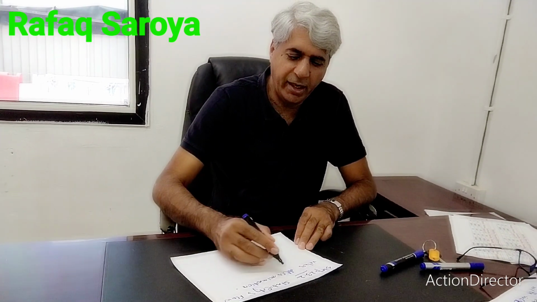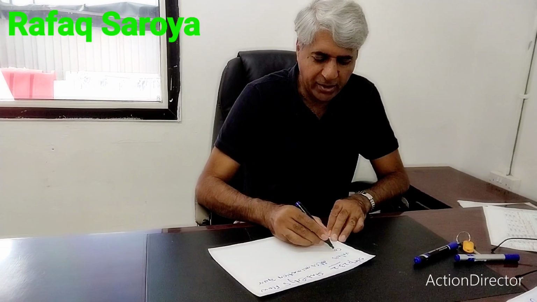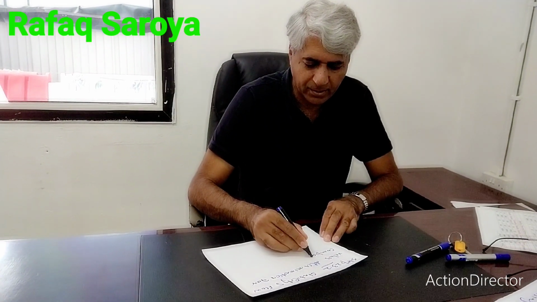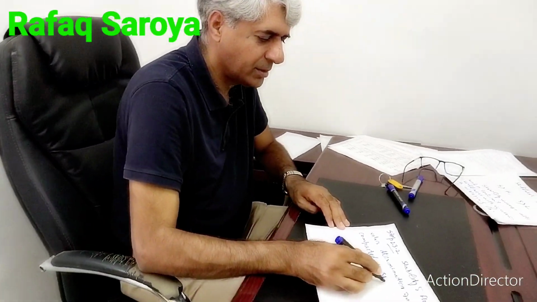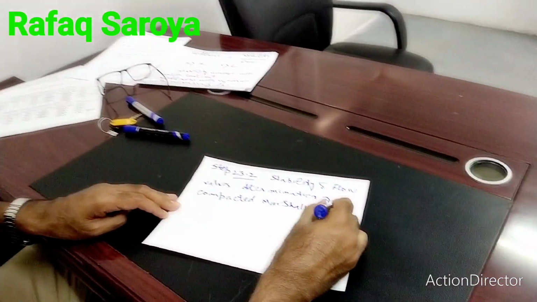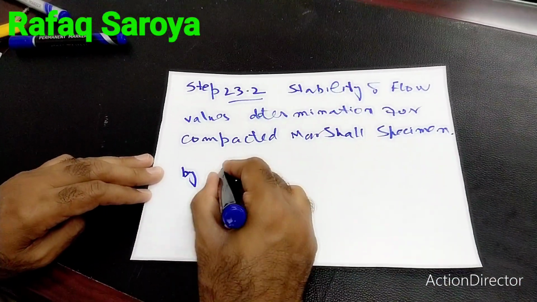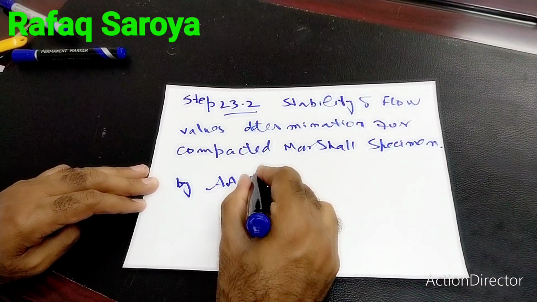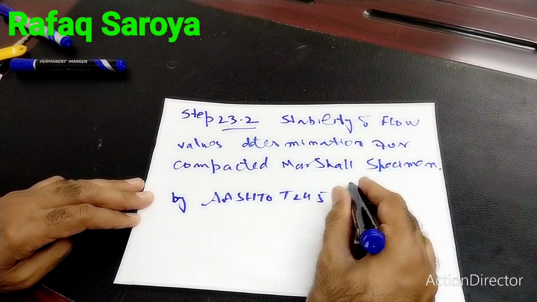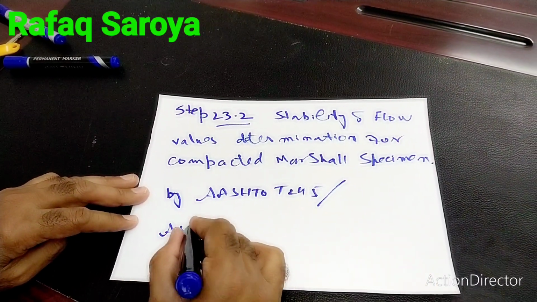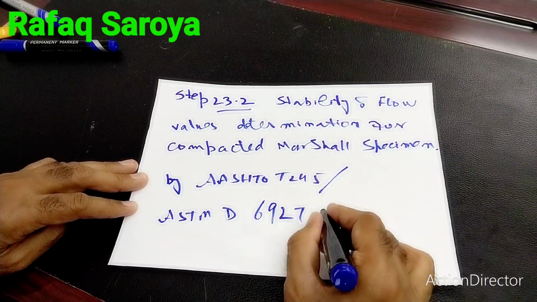Next is the stability and flow value determination for the compacted Marshall specimen, by the AASHTO T245 or ASTM D6927 method.